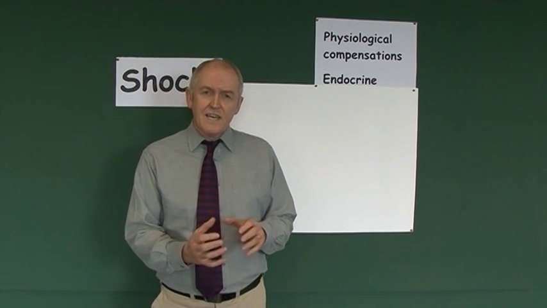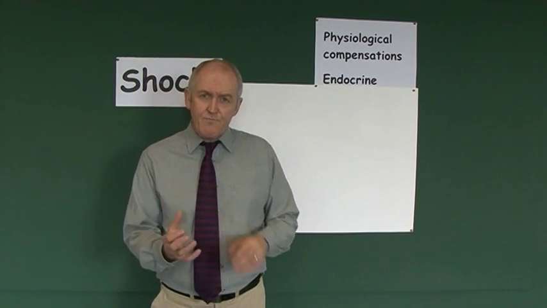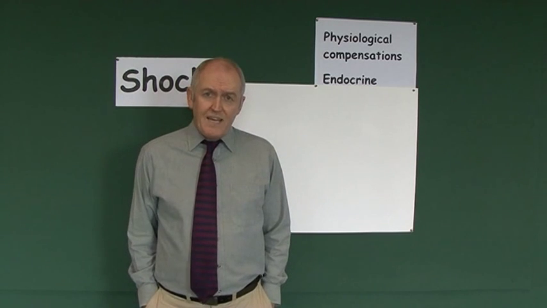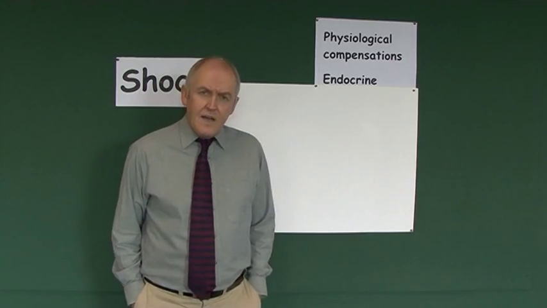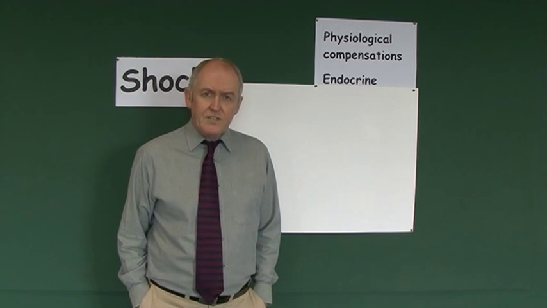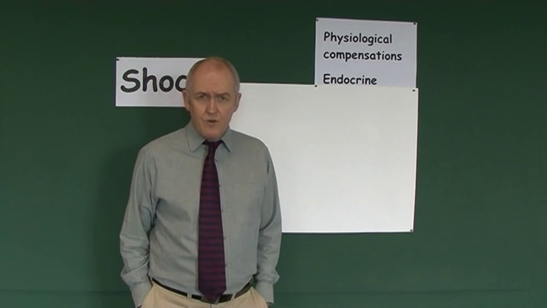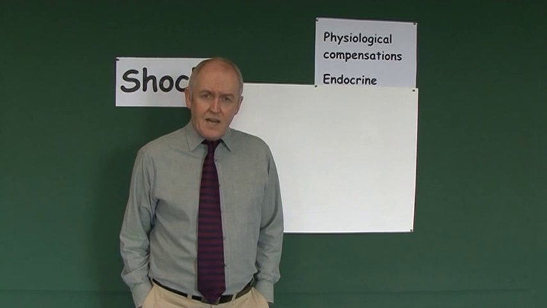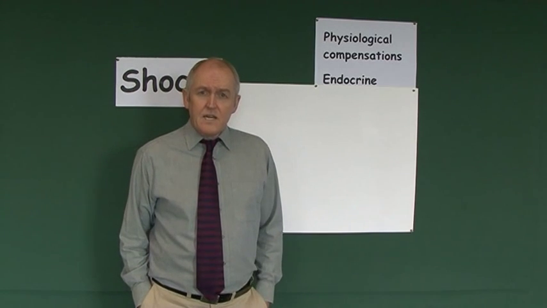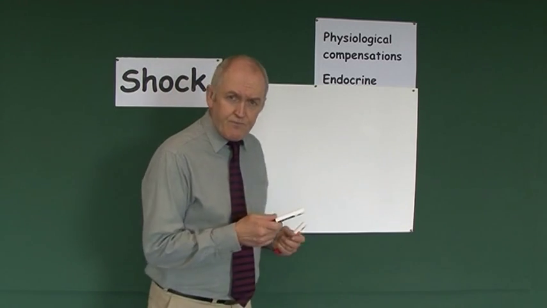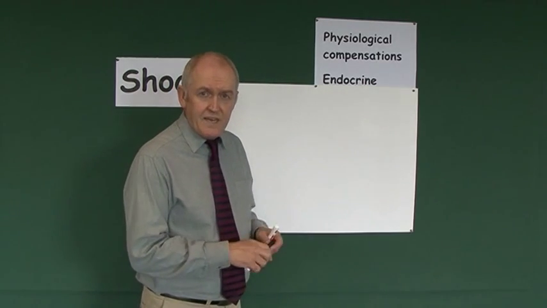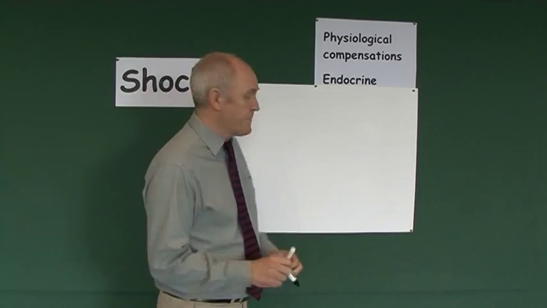And what this does is it constantly senses the pressure of the blood passing through the afferent arteriole. And if the pressure of the blood passing through the afferent arteriole drops, the juxtaglomerular apparatus in the kidney responds by producing renin. So if the blood pressure drops, renin is secreted by the kidney.